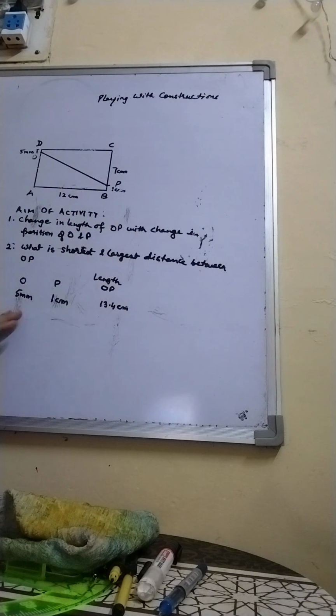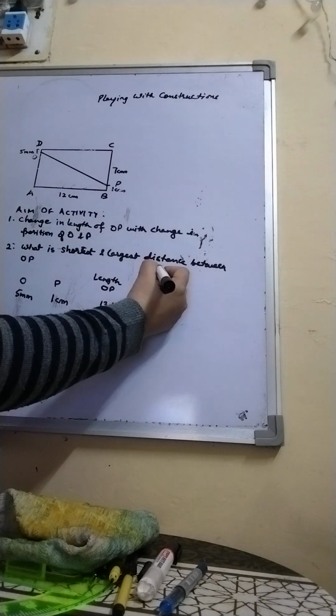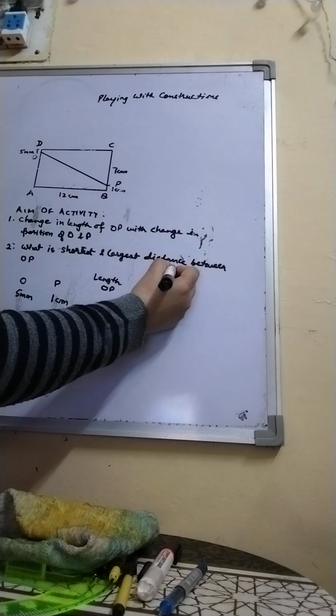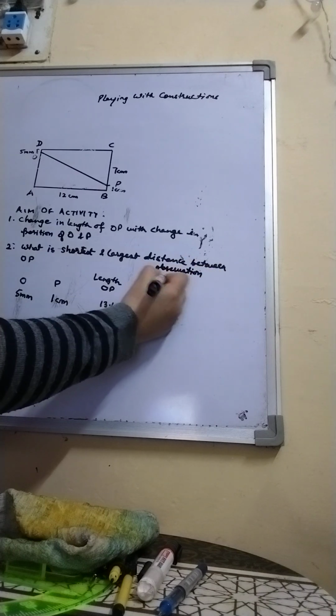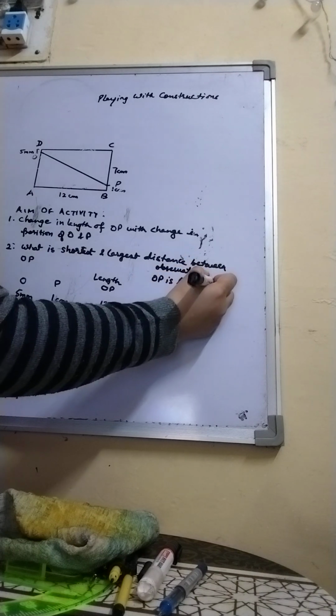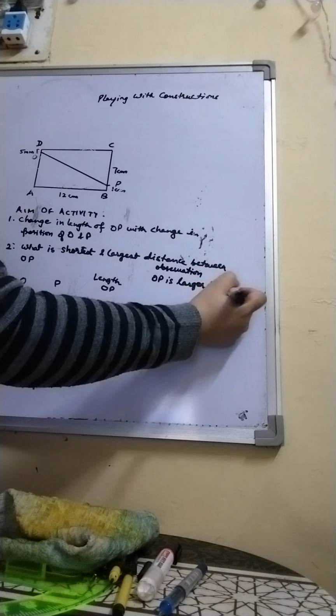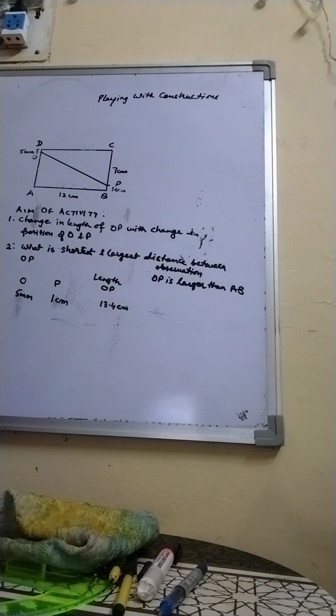Okay, so the first observation that you can observe is that OP is getting larger than AB. So the observation is OP is larger than AB, the length of the rectangle.